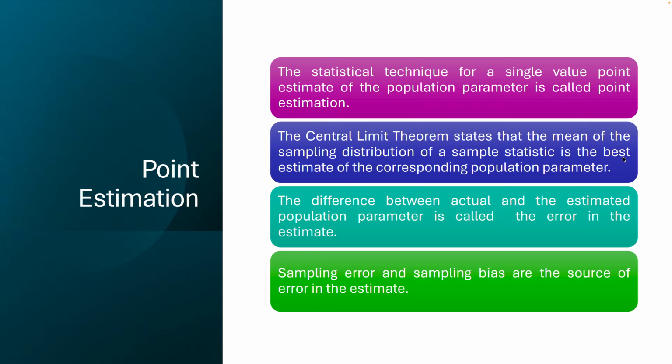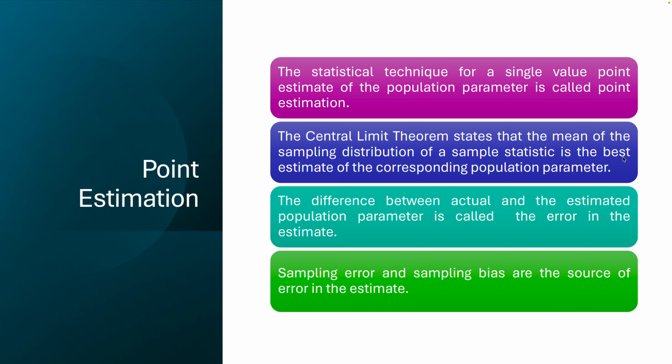We get this confidence from the central limit theorem, which states that the mean or the expected value of the sampling distribution of a sample statistic is the best estimate of the corresponding population parameter.